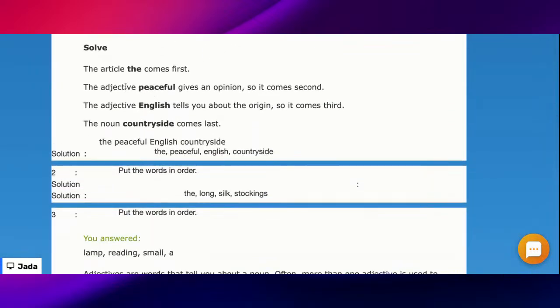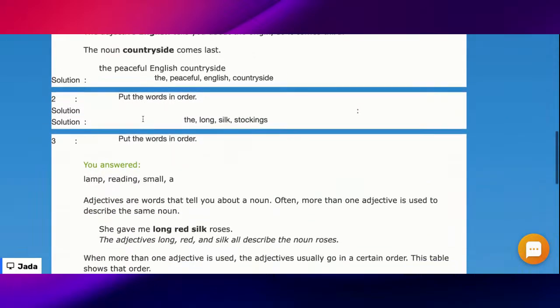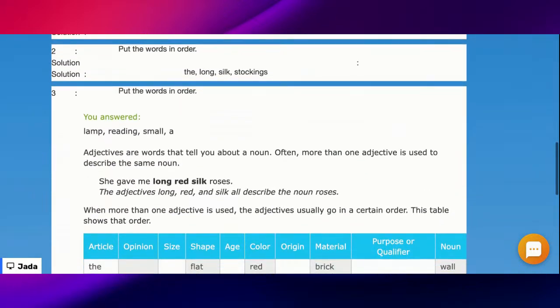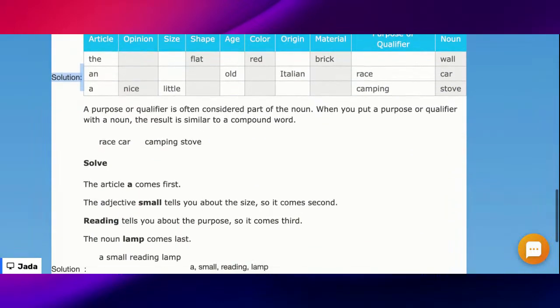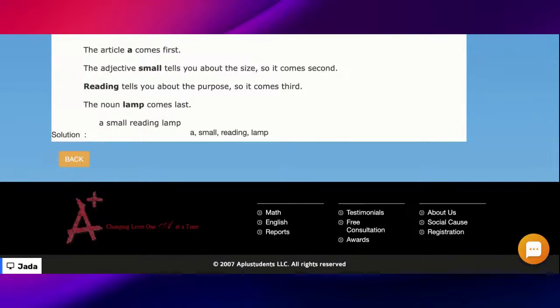Then the adjective peaceful. English is the adjective of origin. And then the countryside would be last. So the peaceful English countryside. So we have the long sleek stockings. We also have lamp, reading, small, a. So a will come first, and it will be a small reading lamp.